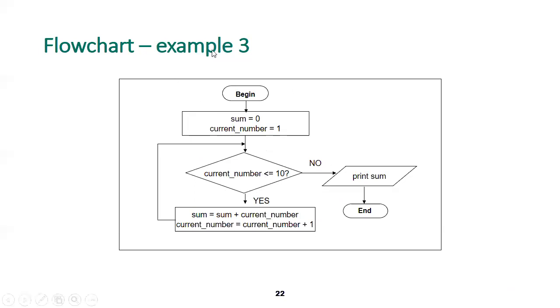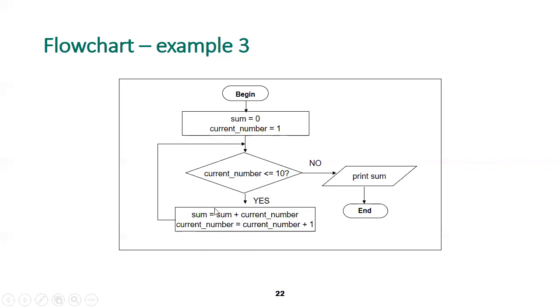What's this one? All right, so we are going to count the number. Here we add 1 to the current number, and we have a total. So you're going to input a number, are you? Well, there should be another input in there, but that's all right.